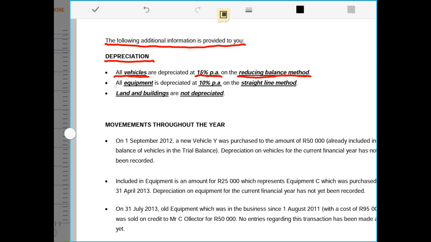Second, all equipment is depreciated at 10% per annum on the straight line method. That means the depreciation on equipment is calculated using 10% on a straight line method of depreciation. Next it says land and buildings are not depreciated. That is why in the trial balance there was no accumulated depreciation for land and building.